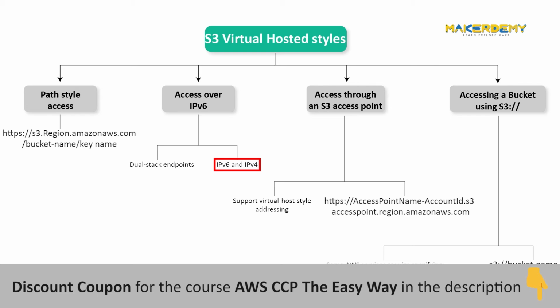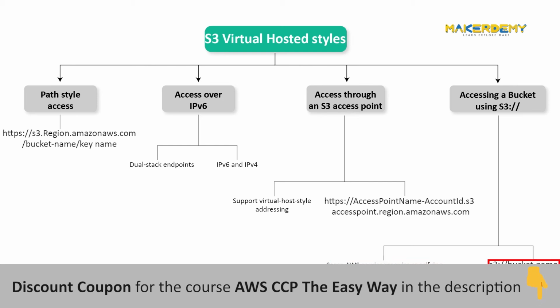Access through an S3 access point. S3 access points only support virtual host style addressing. To address a bucket through an access point, use this format. Accessing a bucket using S3://. Some AWS services require specifying an Amazon S3 bucket using S3://bucket.